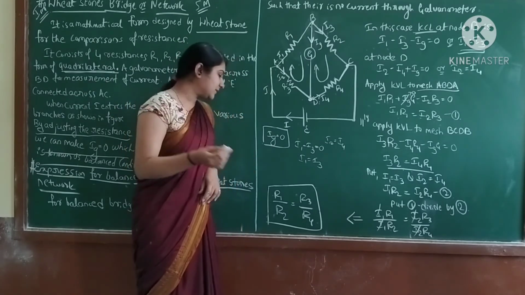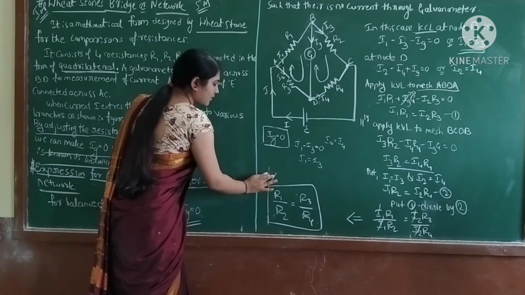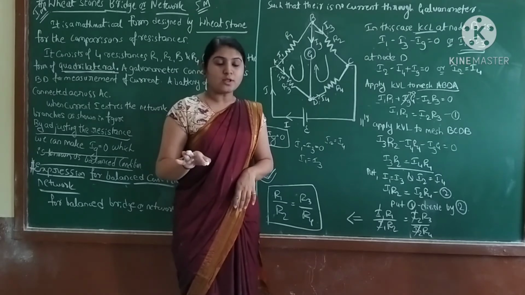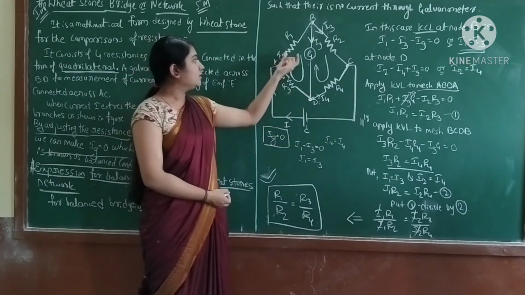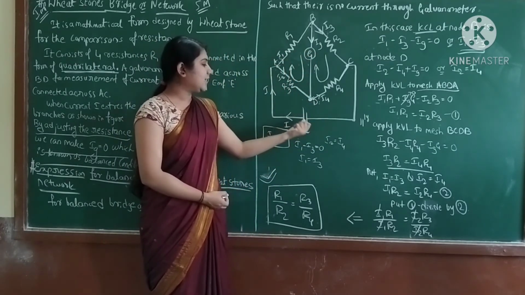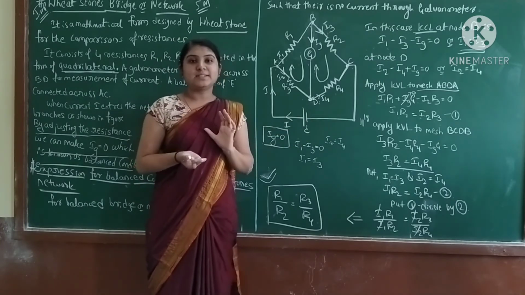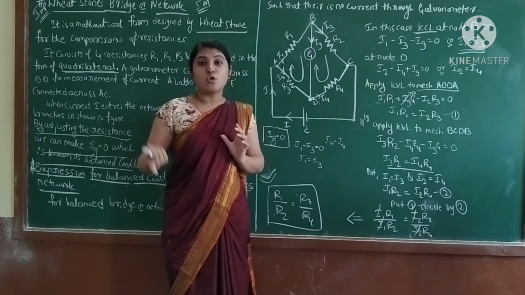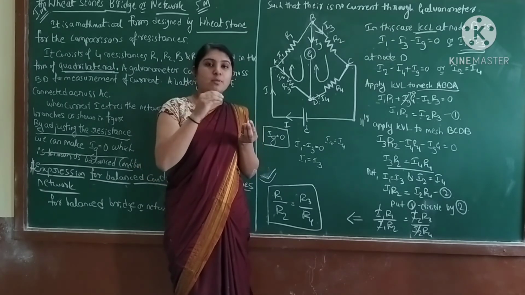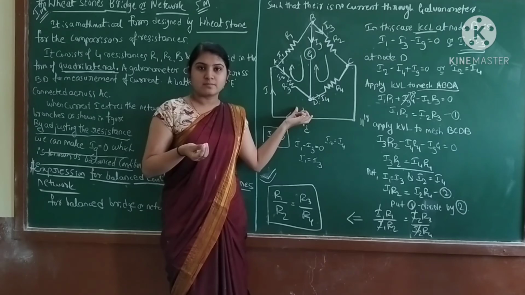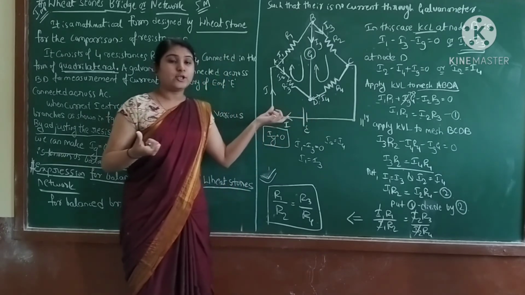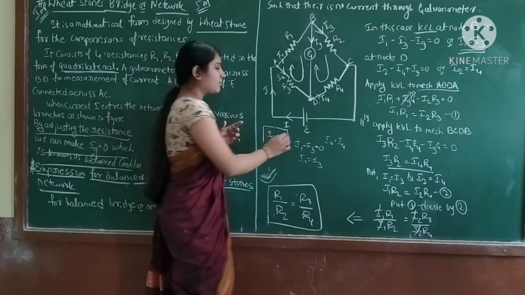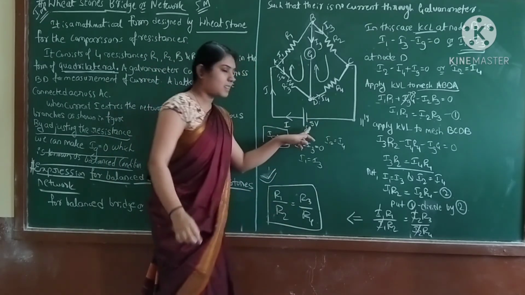So this is about the Wheatstone's bridge. Understood? Here we are using the EMF E. If I place a high voltage cell or a low voltage cell, would it cause a problem to this network? Just consider the 5 volt cell I placed here first.